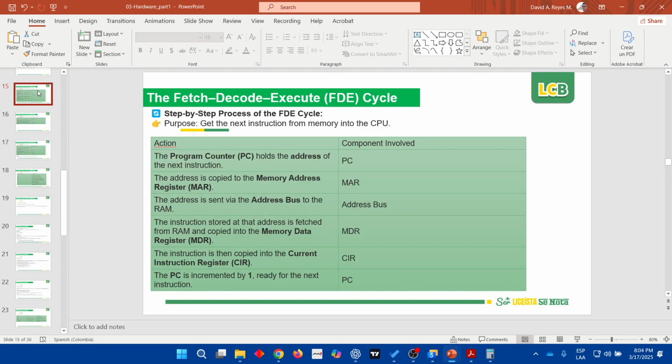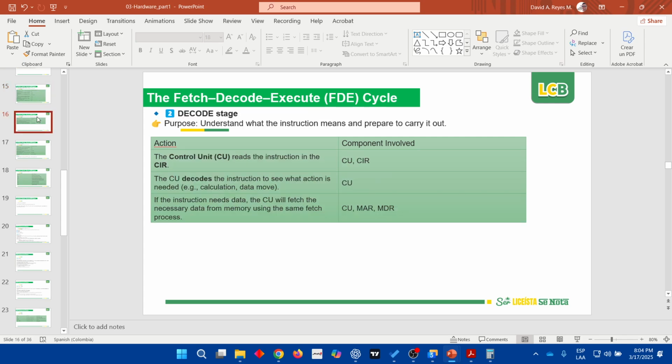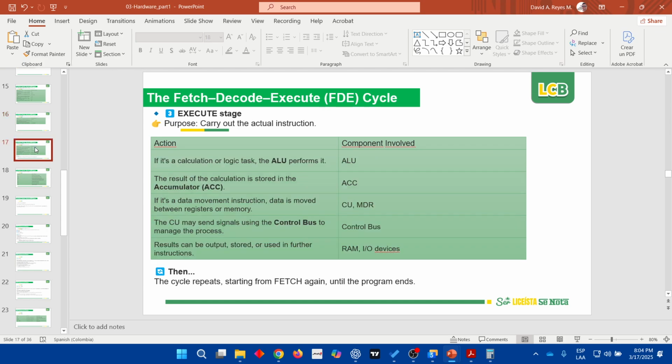So first fetch. Fetch means that you are going to go to the CCA for the instruction. You got the instruction. Now you decode the instruction to understand what you need to do. Then you execute. Here, if any calculation is needed, the ALU is the one that is going to perform the calculations.